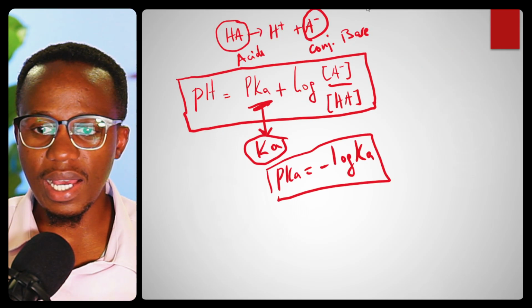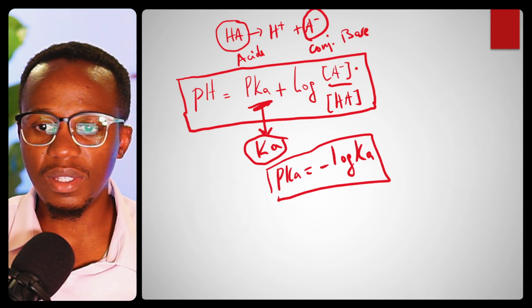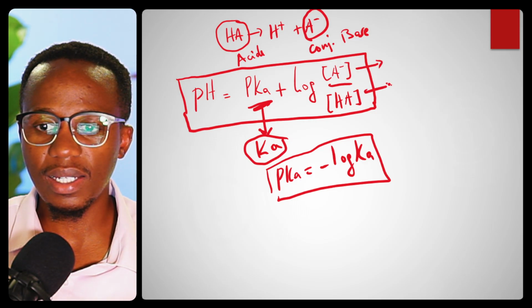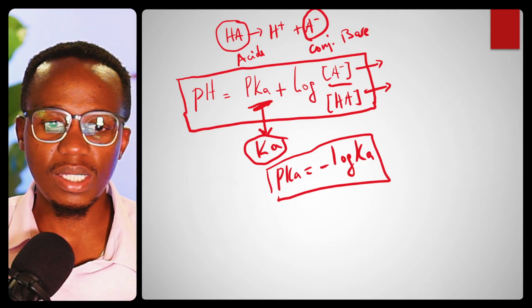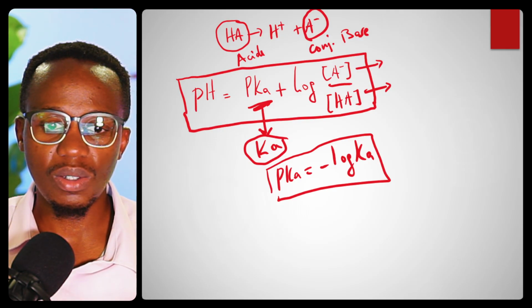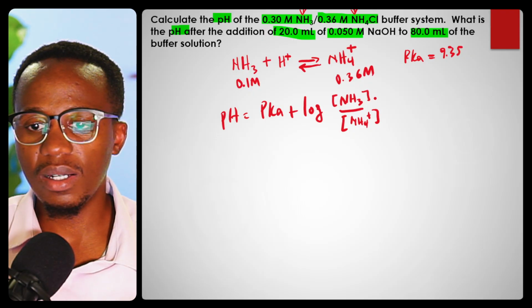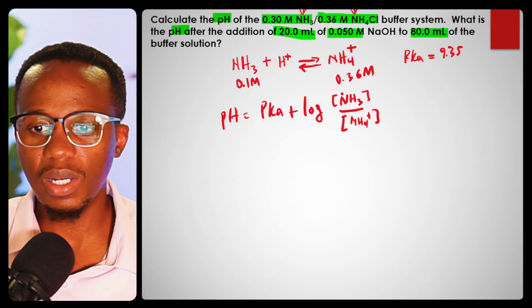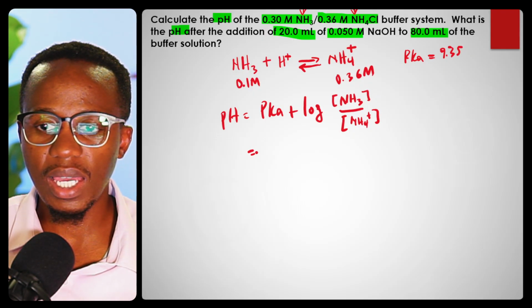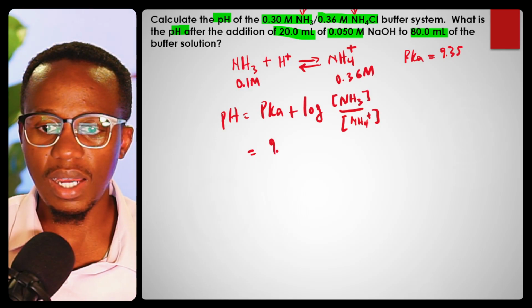So here in an acidic system, you have the base at the top and then the acid at the bottom, right? But in a basic system, we're just going to do the same thing, right? Base at the top, acid at the bottom, right? So this is going to be equal to pKa is 9.35.